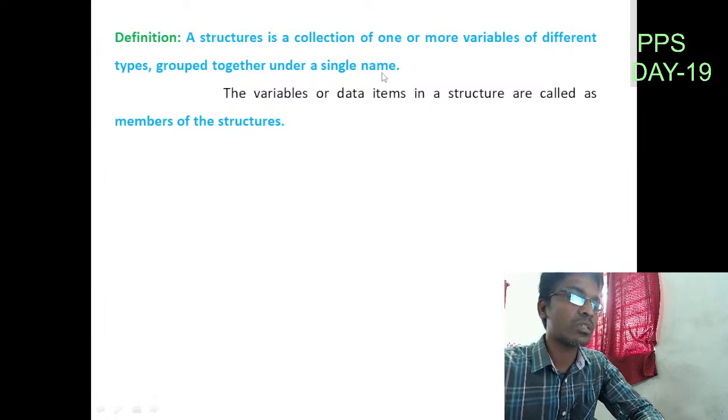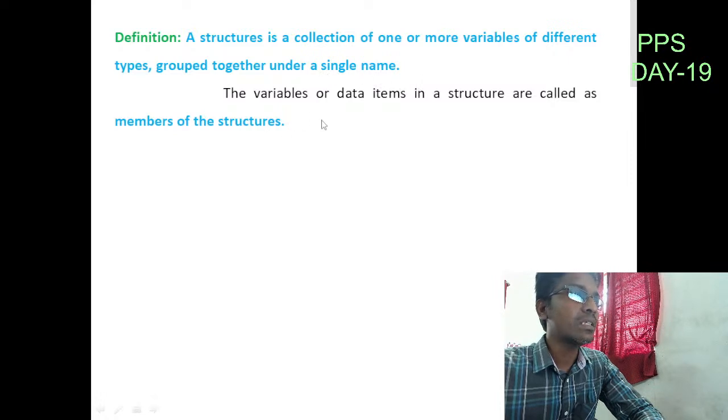Whereas an array is a collection of similar data types which share a common name only. All the elements in an array share a common data type, whereas a structure contains different data types under a single name.